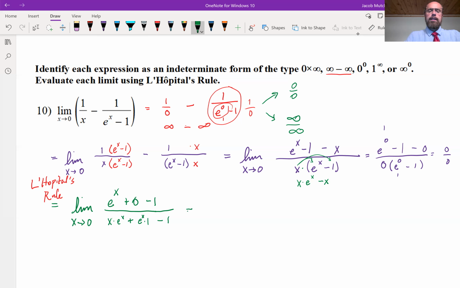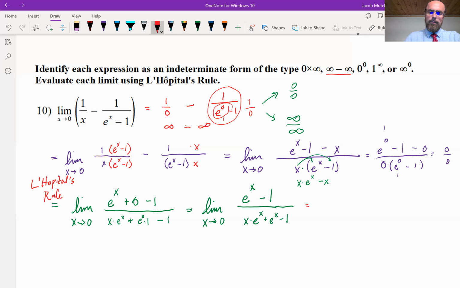So to just clean that up so we can check our limit now, that's the limit as x approaches 0. Numerator is just e to the x minus 1. Denominator is x times e to the x plus e to the x minus 1. So again, we should try direct substitution, see if we have something that we can actually take the limit of now.